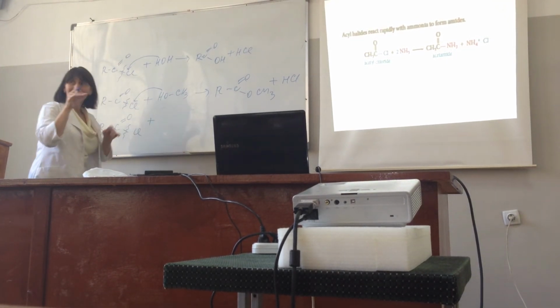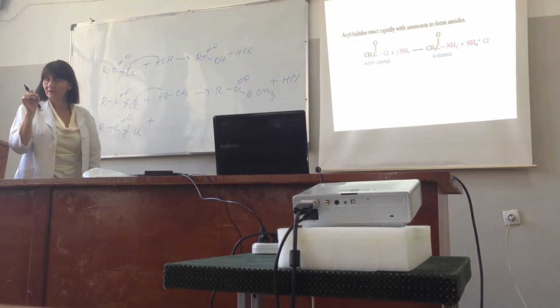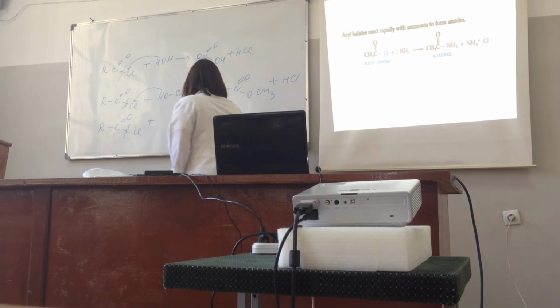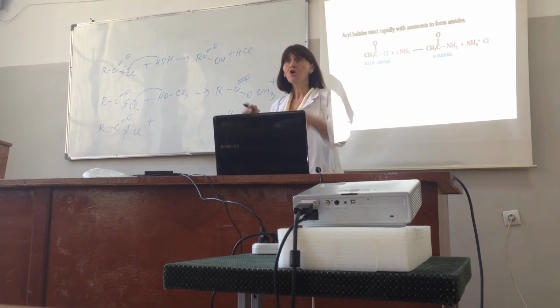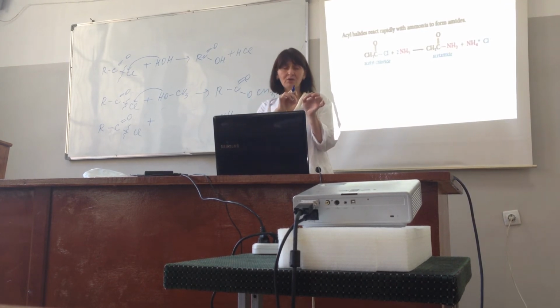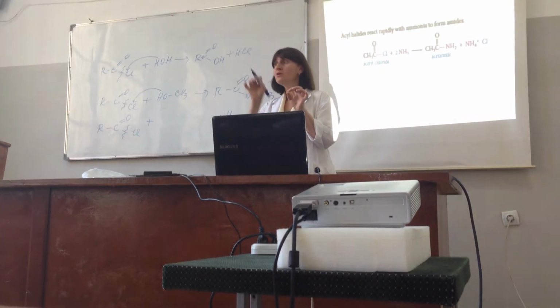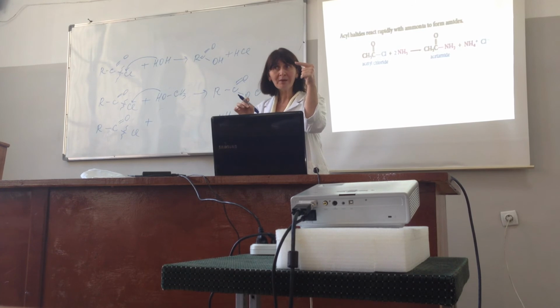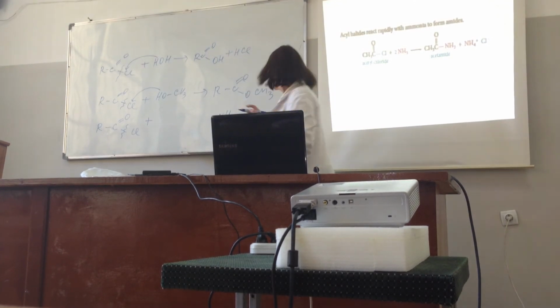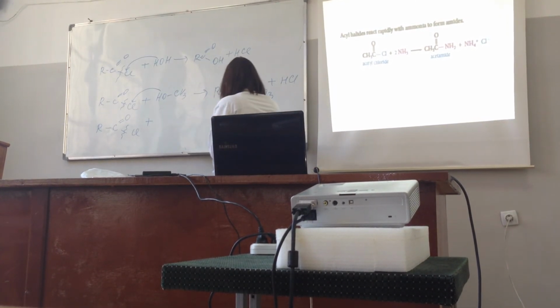Now, when we discuss 2 molecules of NH3, look, ammonia itself is an amphoteric compound, so it can react with itself, and it gives NH4 1 plus ammonium cation and NH2 1 minus amide. So 2 molecules of NH3 give NH4 1 plus and NH2 1 minus.